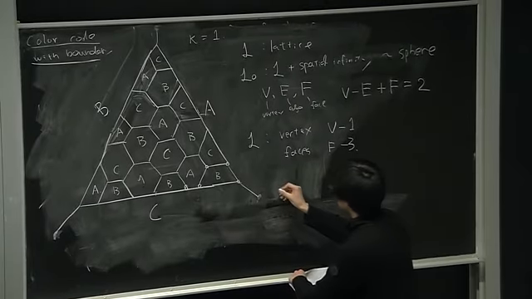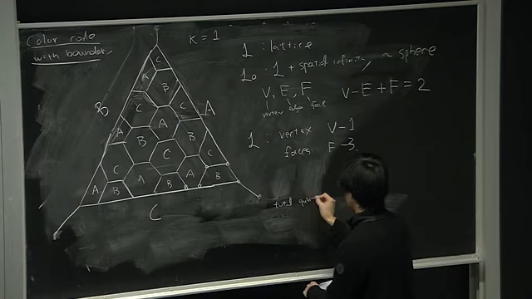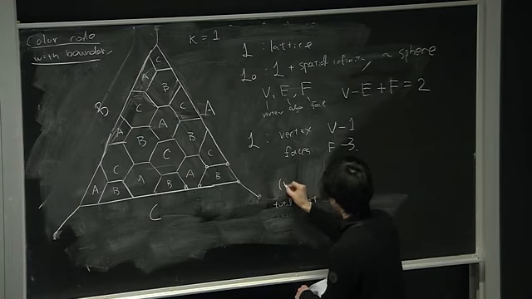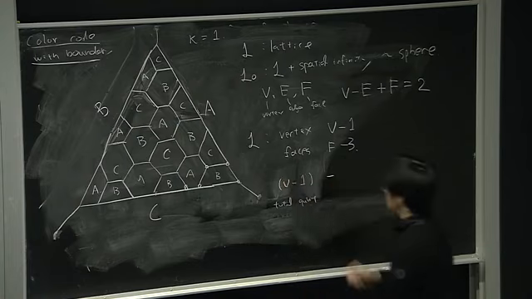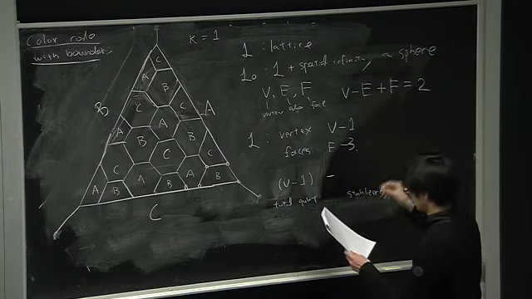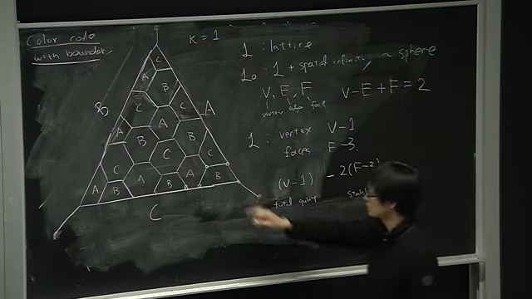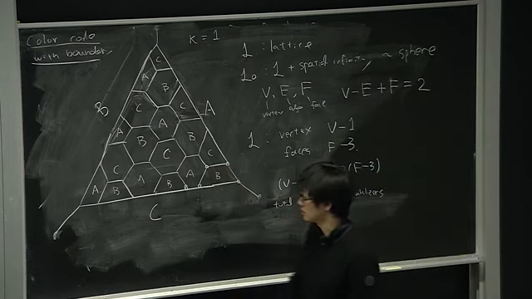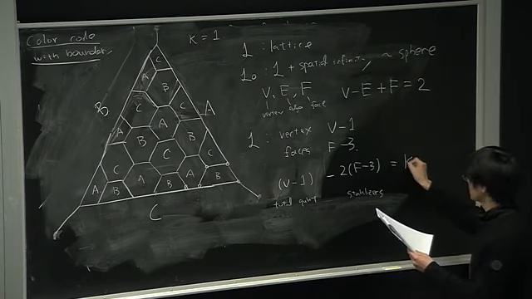Now, the number of total qubits n is equal to v minus 1. And the number of stabilizer generators is 2 times (f minus 3), because on each face we can define the 2 stabilizer generators. So k is n minus this value.